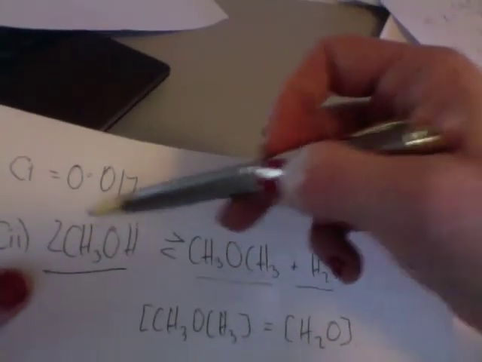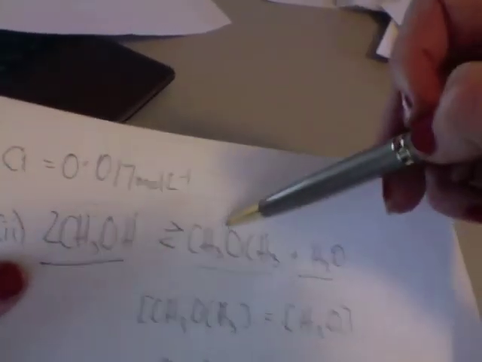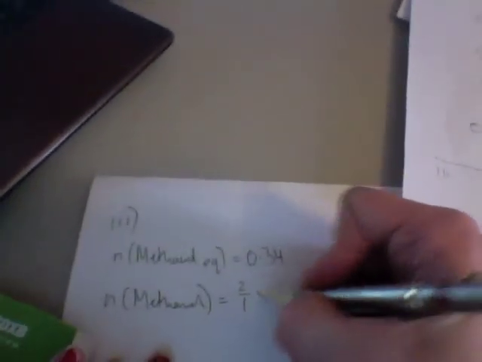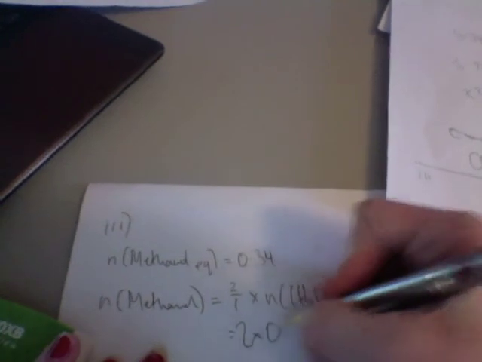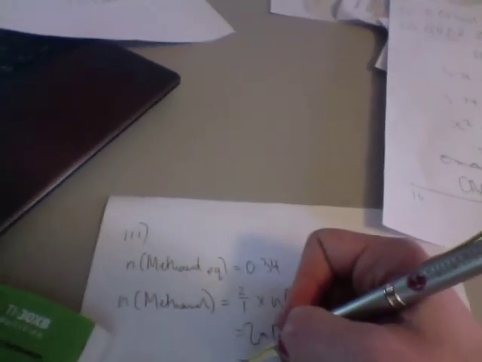Well, we can just use stoichiometry. 2 times the mole of dimethyl ether would be the methanol used. So the mole of methanol used equals 2 over 1 times the mole of dimethyl ether, equals 2 times 0.815, equals 1.63 mole.